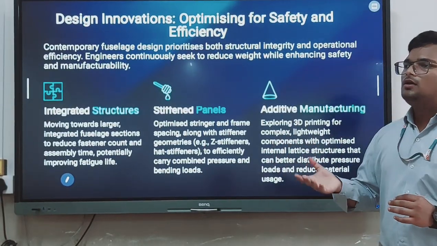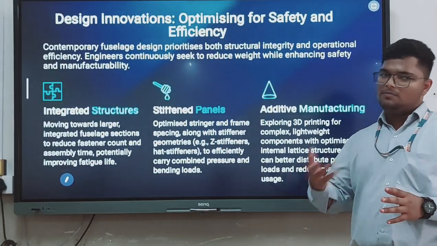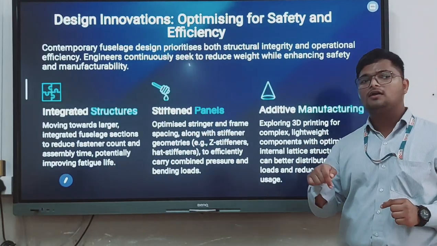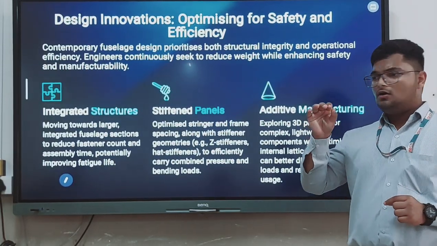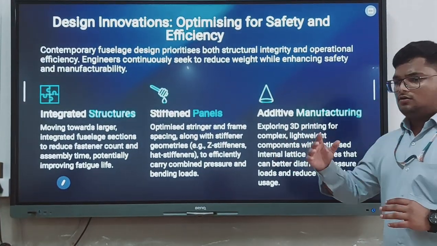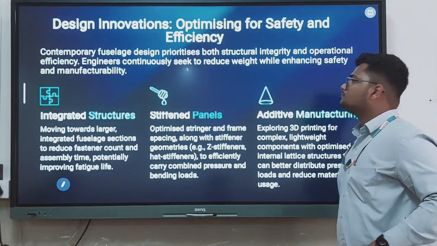It is not made by combining three or four different parts, but it is a single part. So the structural integrity in this part is the best. So these can be the most used things.